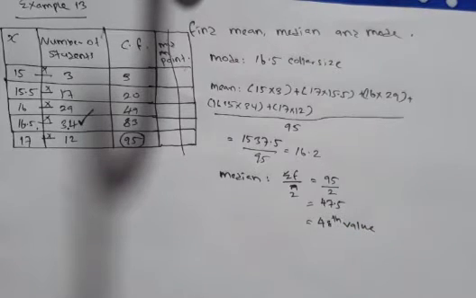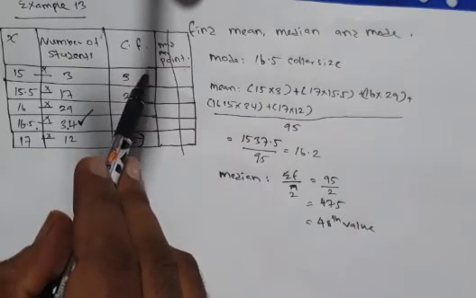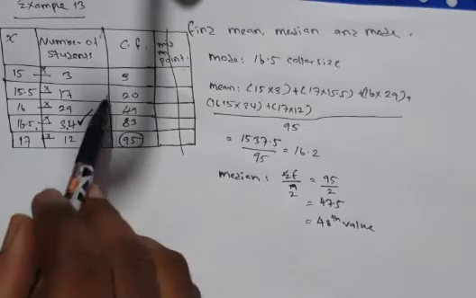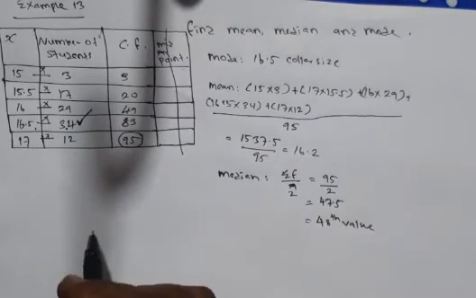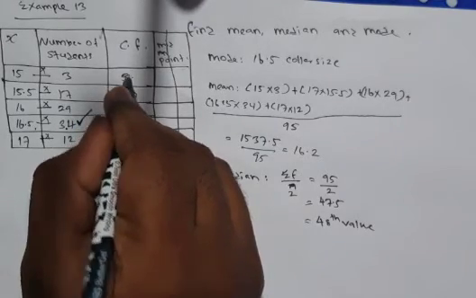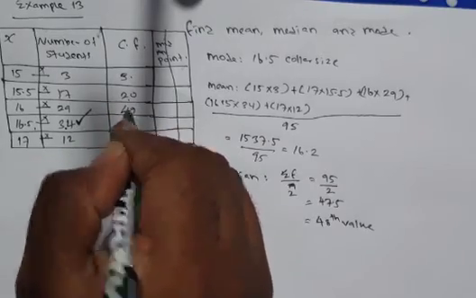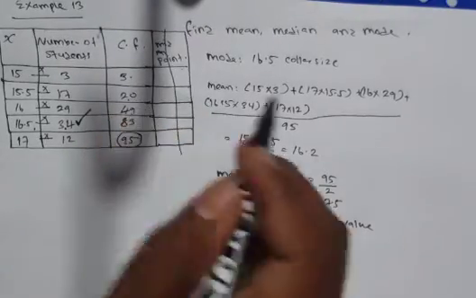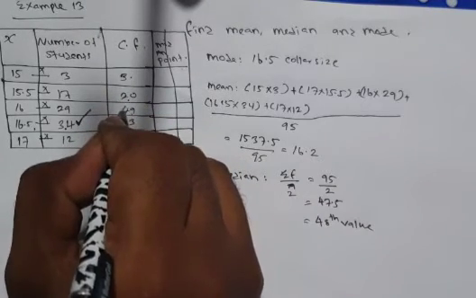Now this is the tricky part, okay? Calculation is easy. Now we need to see from the cumulative frequency column to which X value the 48th value will come. The first cumulative frequency is 3, in the second row it is 20, the third row it is 49. So as you can see, 48 will come in between 20 and 49, right?